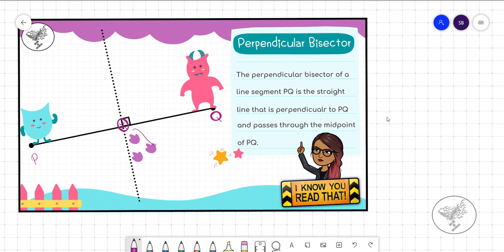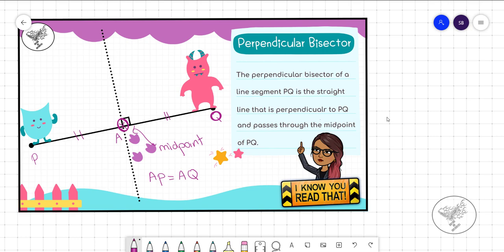It cuts the line PQ at the midpoint. So this is the midpoint of the line PQ, and if I name this midpoint as A, then AP is equal to AQ. The length of the line AP is equal to the length of the line AQ.